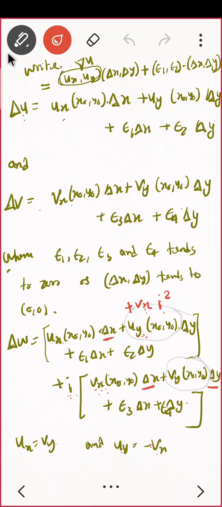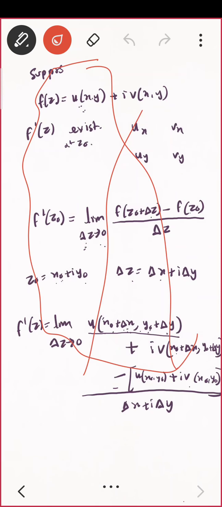What did I write for delta u? ux delta x, uy delta y, epsilon 1 delta x, epsilon 2 delta y, same here, and each of the epsilons tends to 0 when delta x, delta y tend to 0, correct? Then we started with delta w and substituted, and later on we used the CR equation. See, we did nothing new or different, we are just using it.